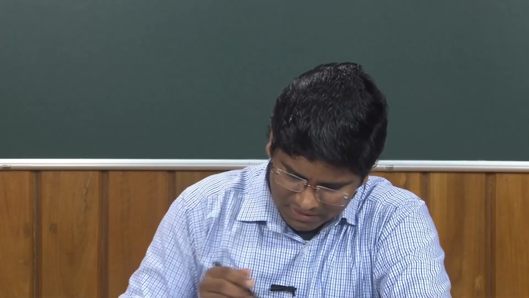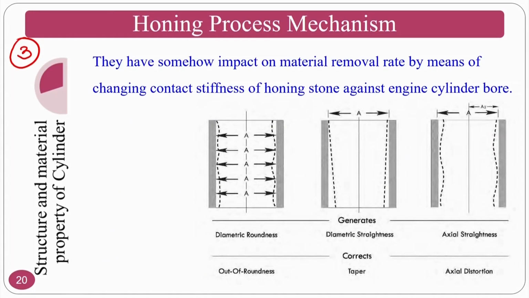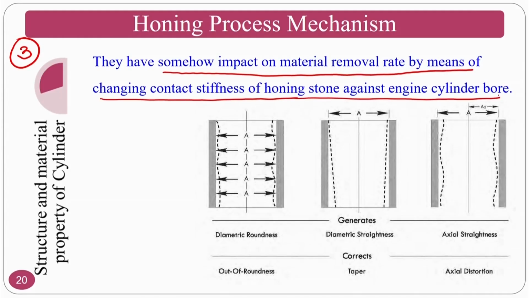The third one is the structure and material property of the cylinder. These have an impact on the material removal rate by changing the contact stiffness of the honing stone against the engine cylinder bore. Okay. If the structure is not proper, what will happen? Variation will come in the pressures. So, this workpiece also plays a major role.